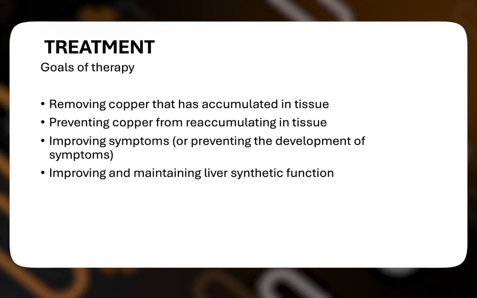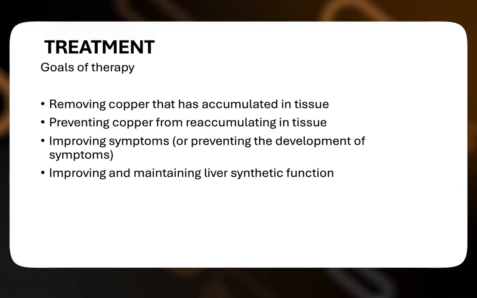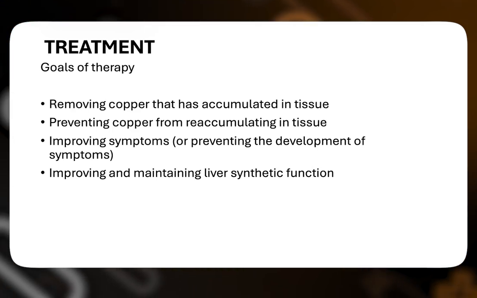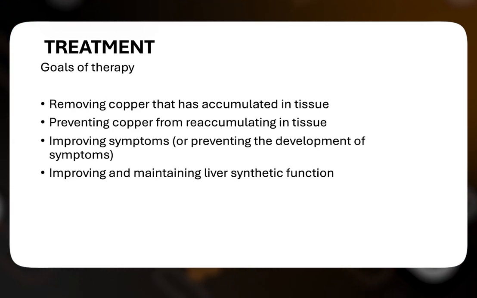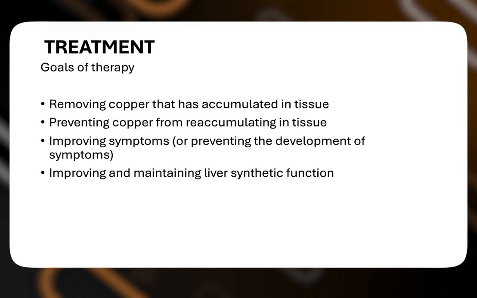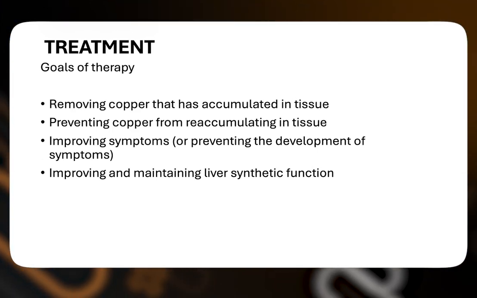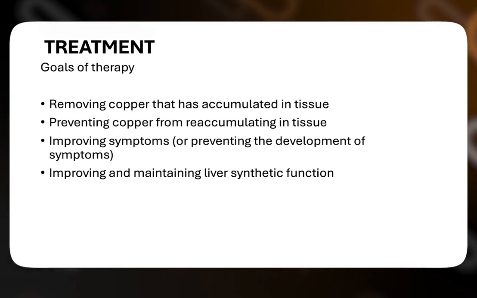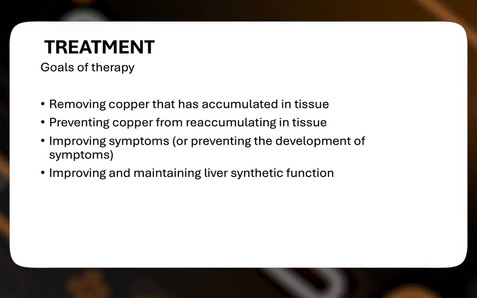So we have covered pathophysiology, clinical features, and how to diagnose and evaluate, and we'll come to the treatment part of Wilson's. Goals of therapy: of course, you remove copper from the accumulated tissue, prevent it from accumulating again in the tissues, improve symptoms, and maintain the liver functions for a longer period of time.